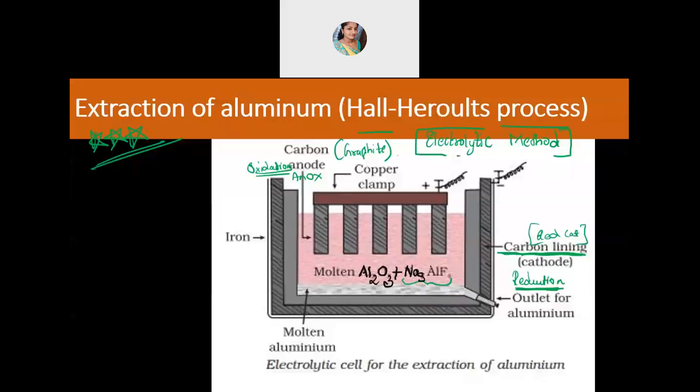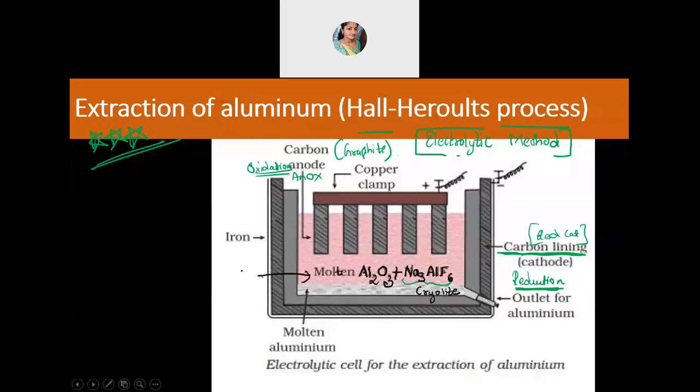This is cryolite. It is another ore of aluminium. You can see here, this is cryolite and this is our molten alumina. So this you are supposed to heat at very high temperature. It is in liquid state now. So when you heat them at very high temperature, you will get them in the liquid form, which will be acting as your electrolyte.